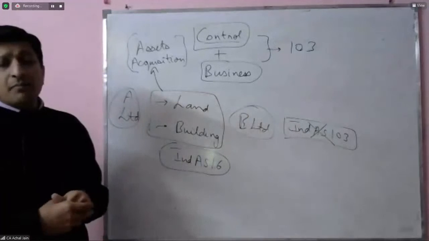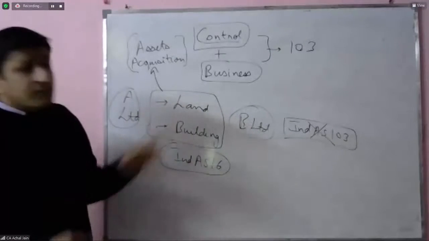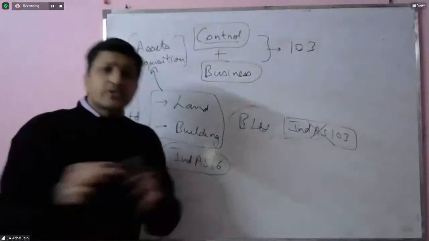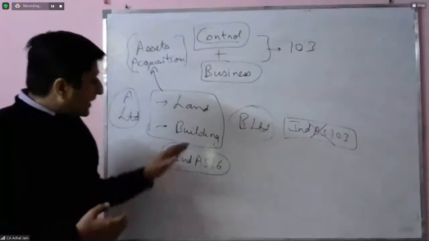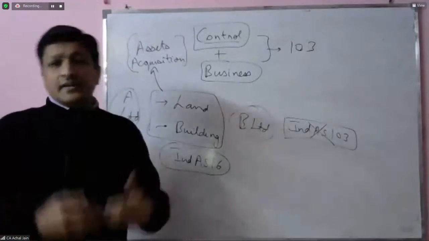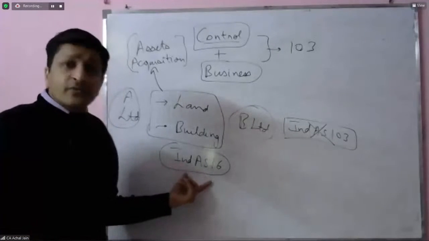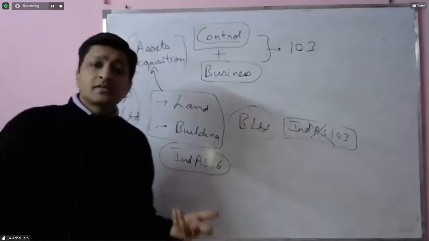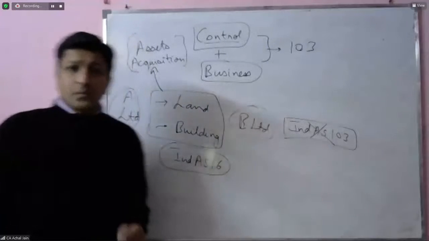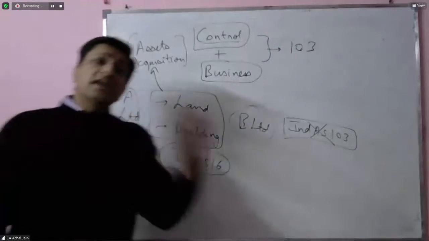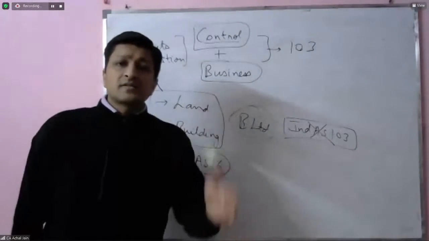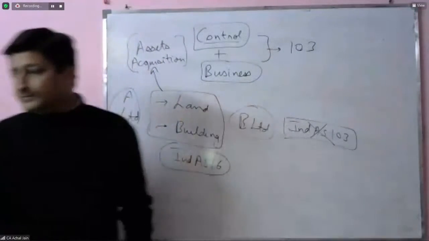Because it's a real estate developer, not necessarily this will be held for sale. This may be held for leasing also. So we will have to understand the requirements. It may be Ind AS 40 also, which is about investment property. So this is only an example which I'm giving you. We have to assess which other Ind AS will apply.